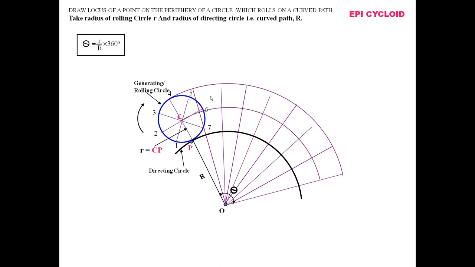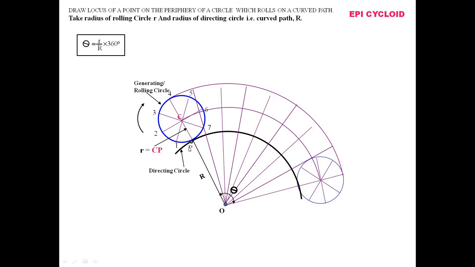Since the arc drawn from 4 is divided into 8 equal parts, on this arc drawn with radius OC we have these points of intersection. So we have the centers: this is the center C1, C2, C3, C4, C5, C6, C7 and C8.